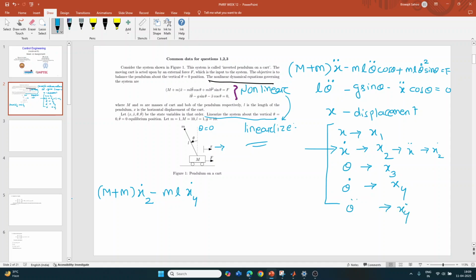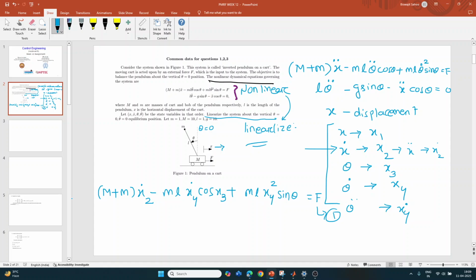So ml x4 dot cos x3, then ml x4, where x4 is theta dot, and you have to write the square of that, then sine theta, and this is equal to your f. Let's give the equation a name, this is equation number 1.